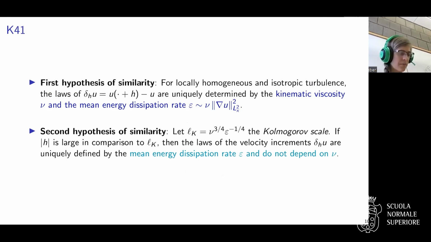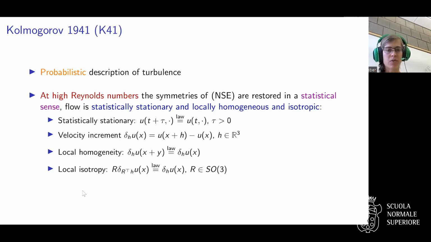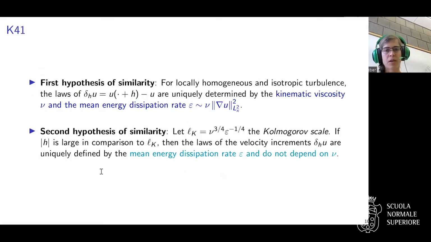So if the flow is locally homogeneous and isotropic, so it satisfies these two properties, and the Reynolds number is large, then the laws of the increment are uniquely defined by nu and the mean energy dissipation rate epsilon. In his case, I think he looked at freely decaying turbulence, so it was related to this quantity here.